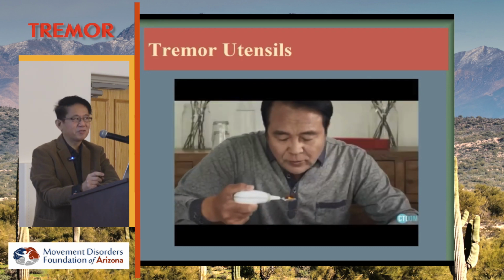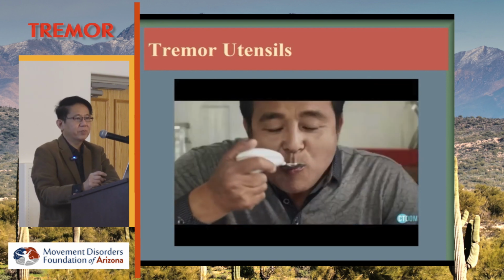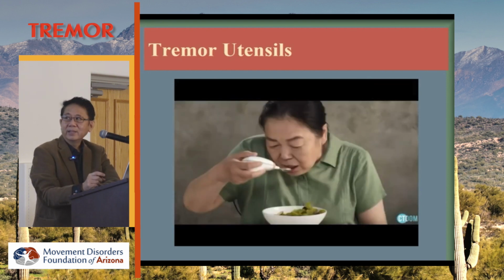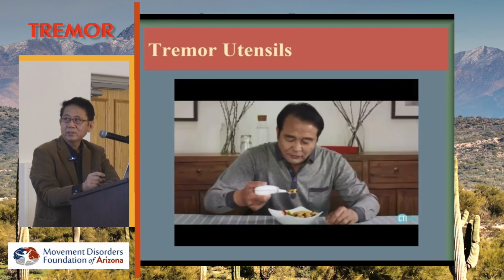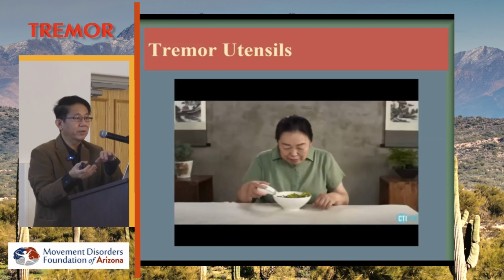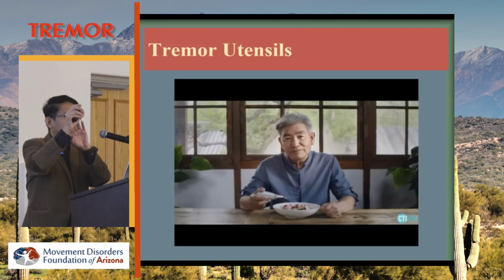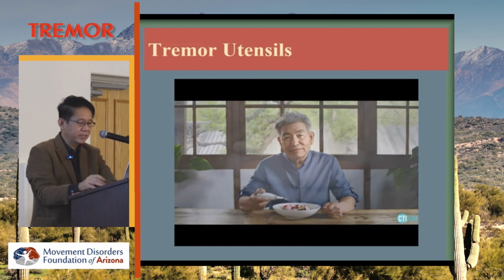It doesn't reduce the tremor, it just reduces the impact of the tremor. If you notice, the hand is still tremoring, but the distal part of that utensil, which is the spoon or the fork, shakes less. So it sends a counter force. If your hand is going up, it sends a counter force going down, and so the net effect is that the distal part of the utensil shakes less.